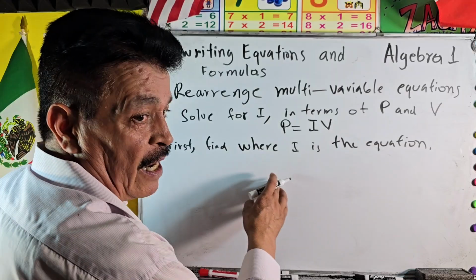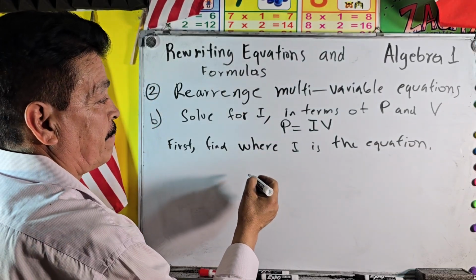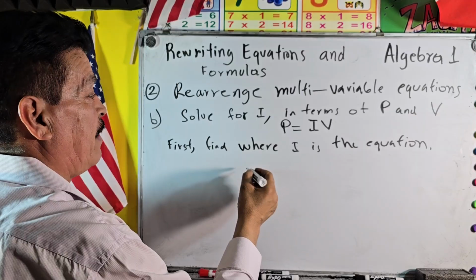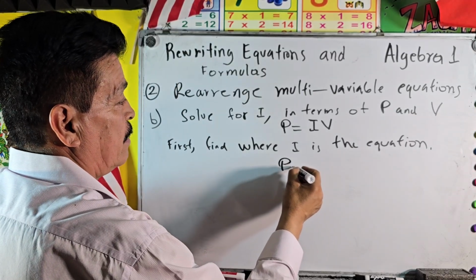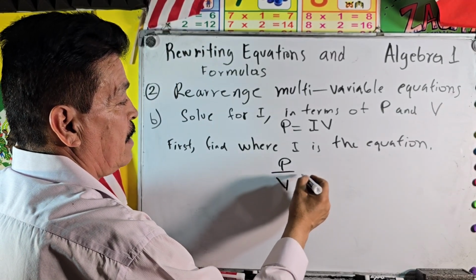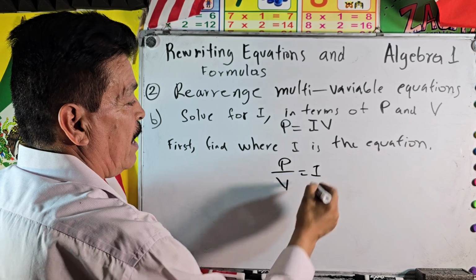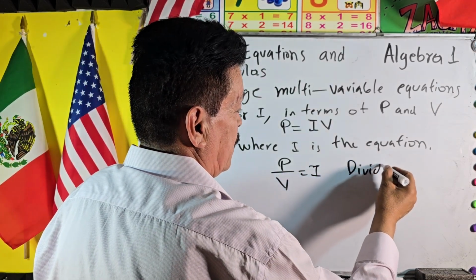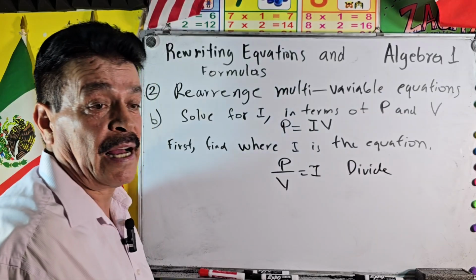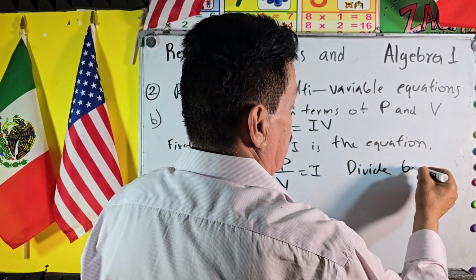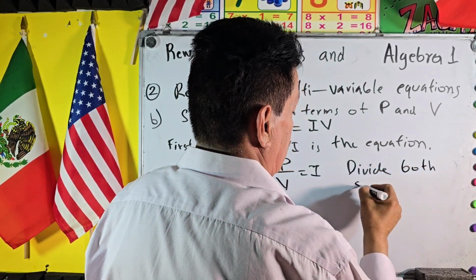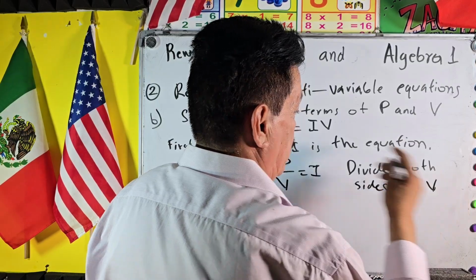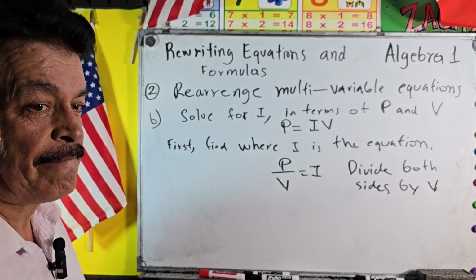So here, you move it to this side, we will have P divided by B equals I. What happened here? We divided both sides by B. All right.